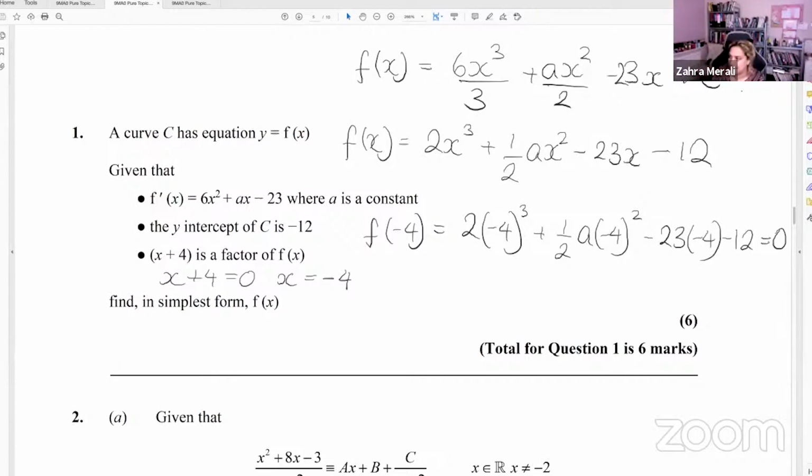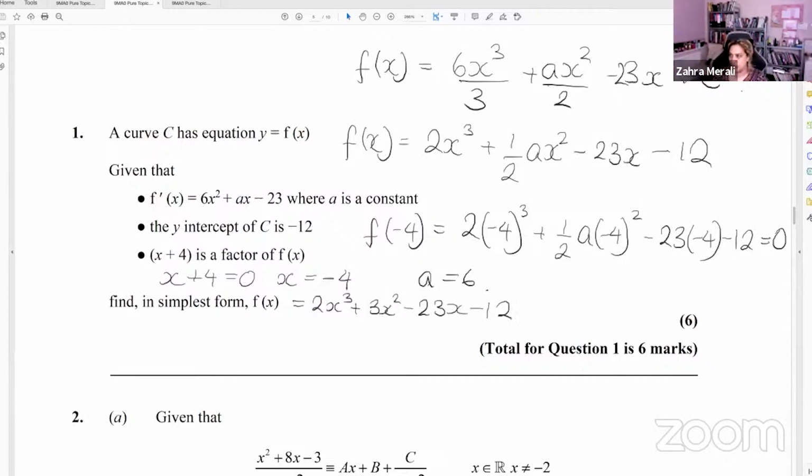When you rearrange that, you end up with a equals 6. And then you have to find it in the simplest form. It doesn't ask you to factorize, so it's not necessary to. So we get 3x squared minus 23x minus 12.